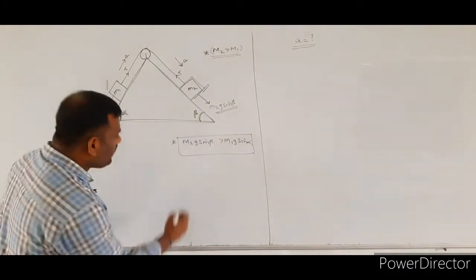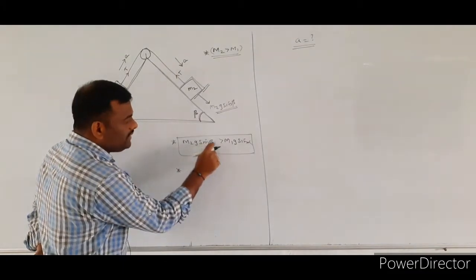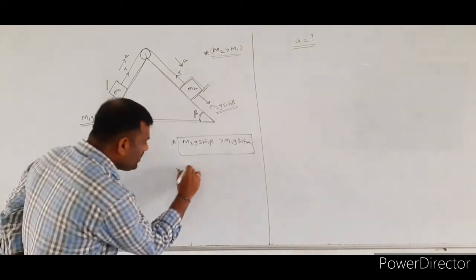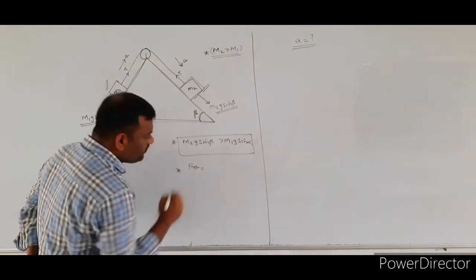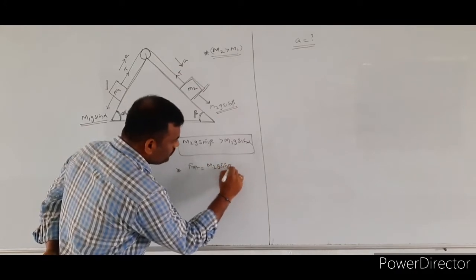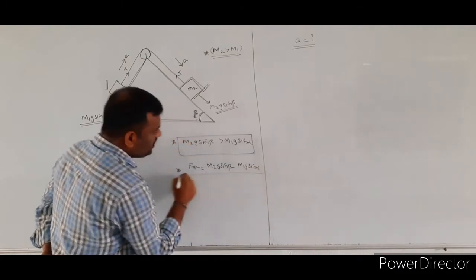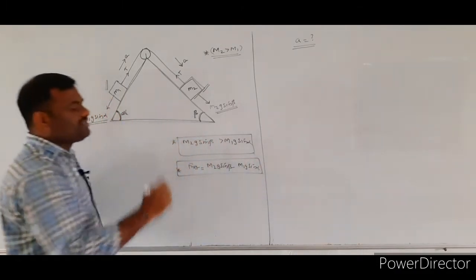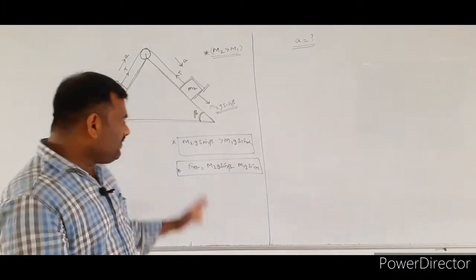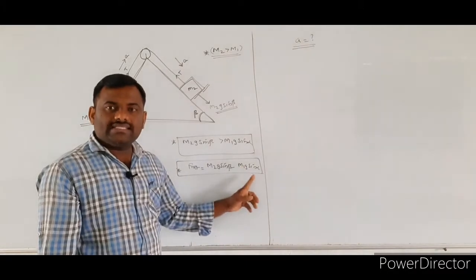So what is the net force here? The net pulling force will be given by m2g sin beta minus m1g sin alpha. So the net downward pulling force is F net equal to m2g sin beta minus m1g sin alpha.